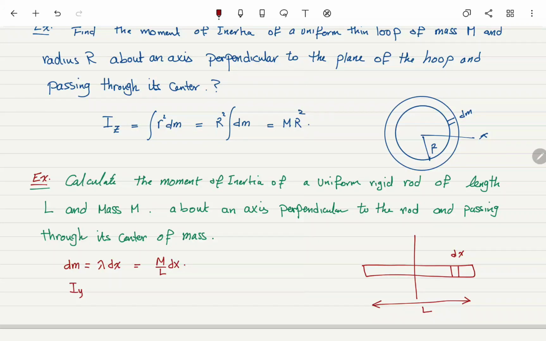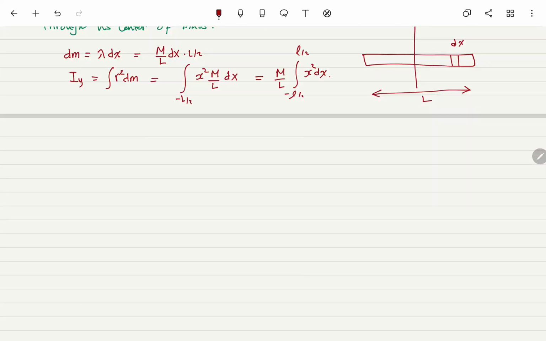Iy, the moment of inertia about the y-axis, is equal to the integration of r squared dm, or the integration from minus L over 2 to L over 2 of x squared m over L dx, or m over L times the integration from minus L over 2 to L over 2 of x squared dx.